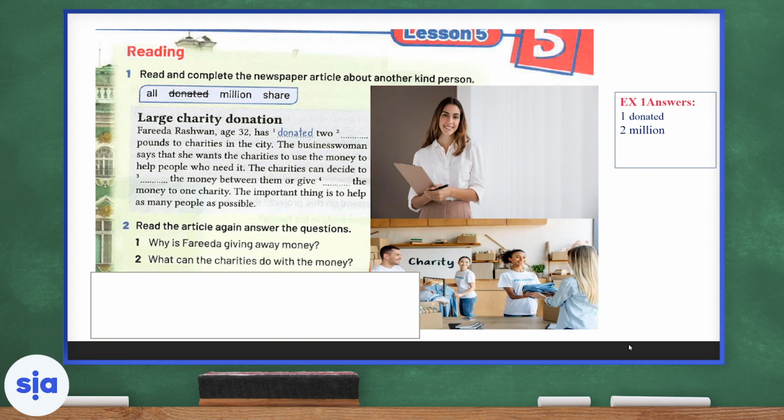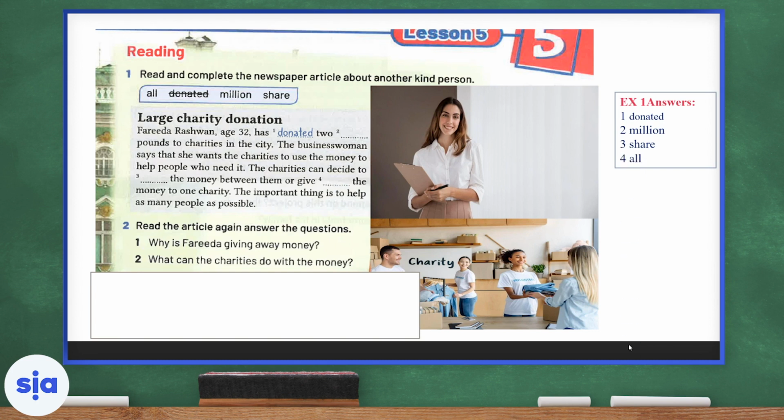The charities can decide to blank the money between them or give blank. So the charities can decide to, if they're going to use the money with someone else or another organization, then we use the word share. The charities can decide to share the money between them or give blank the money to one charity. Of course, they either share it or they give all the money to one charity.